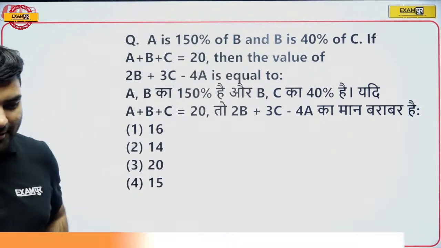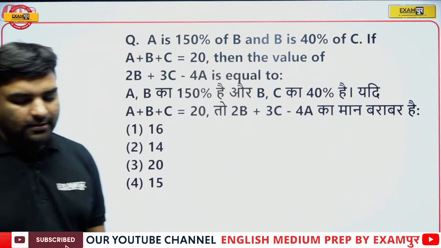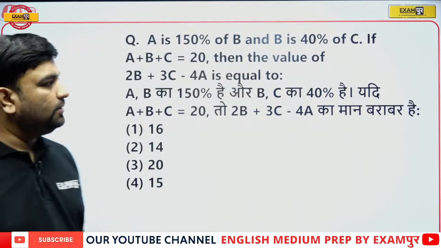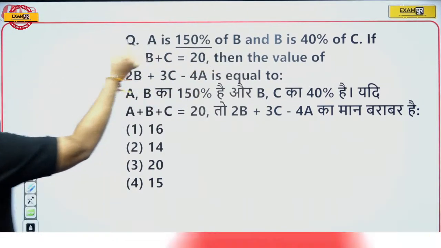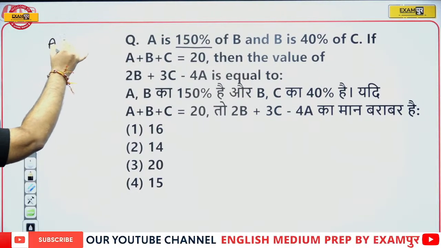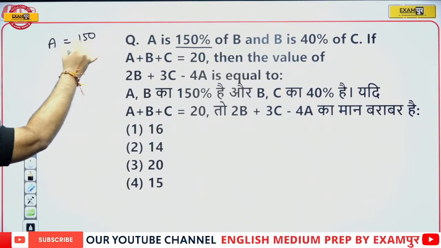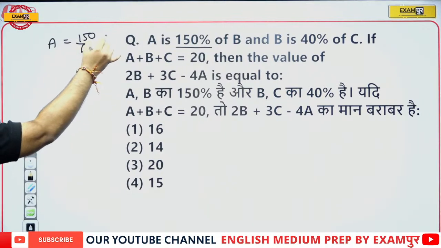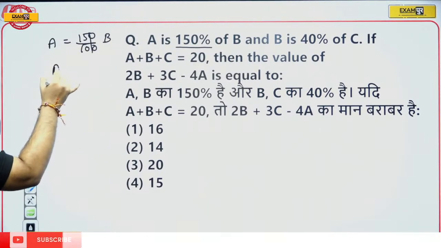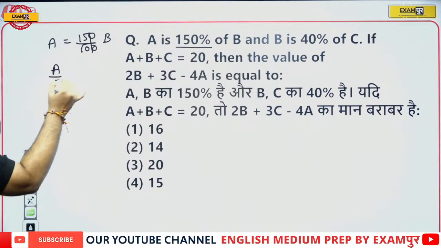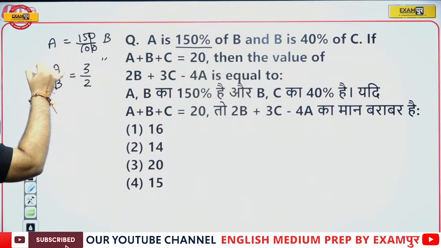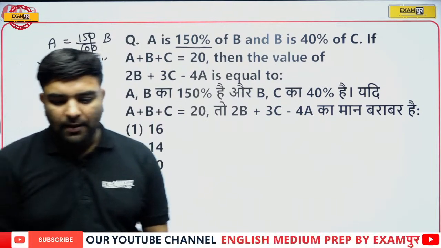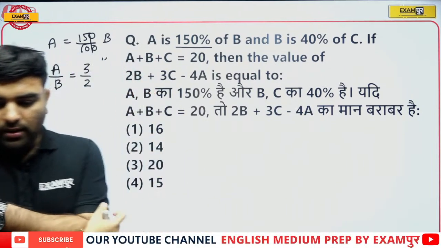Okay. 150 percent means 150 by 100, eliminating the percentage sign. So A by B is in the ratio 3 by 2.